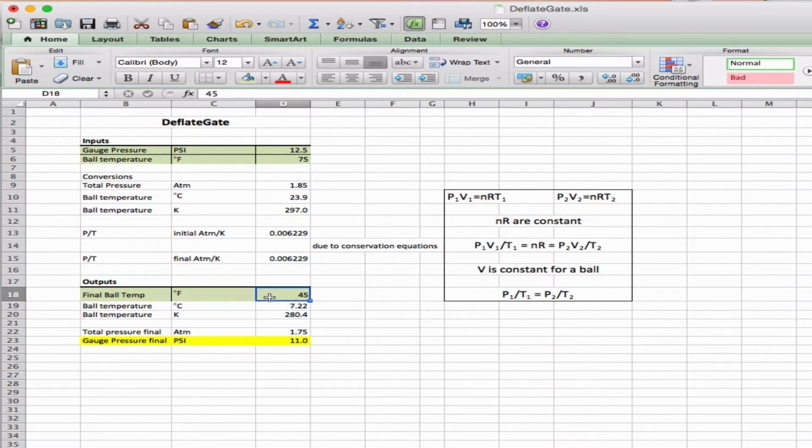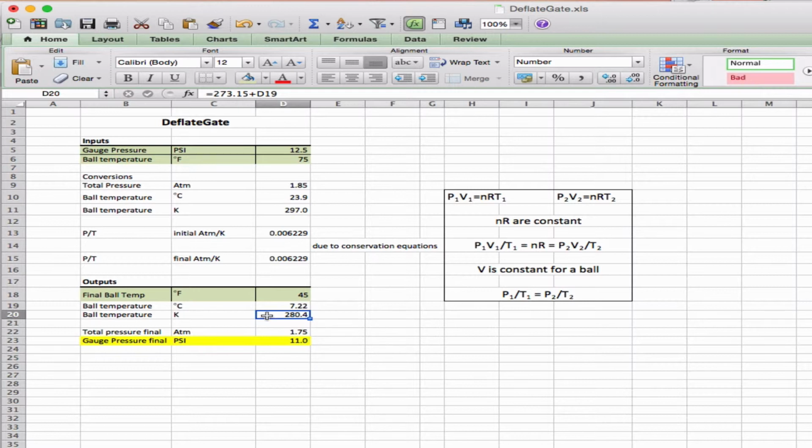The final ball temperature was reported to be about 45 degrees. So 45 degrees Fahrenheit is D18 minus 32 times 100 divided by 180, 7.22 in the centigrade or Celsius scale.